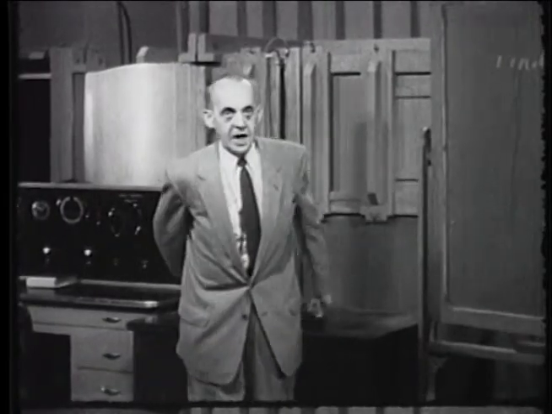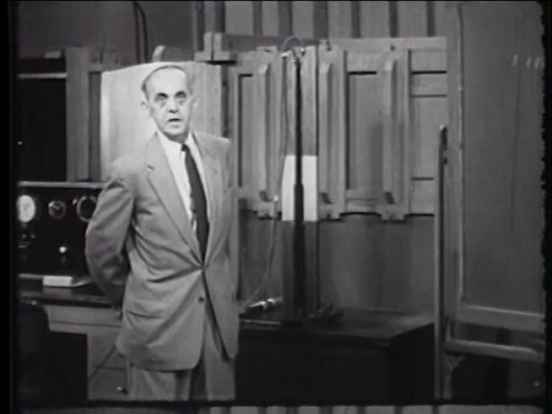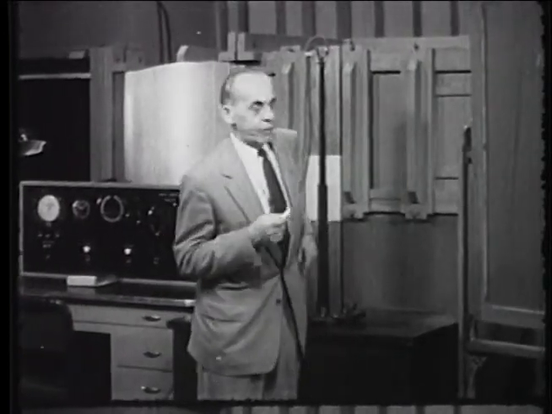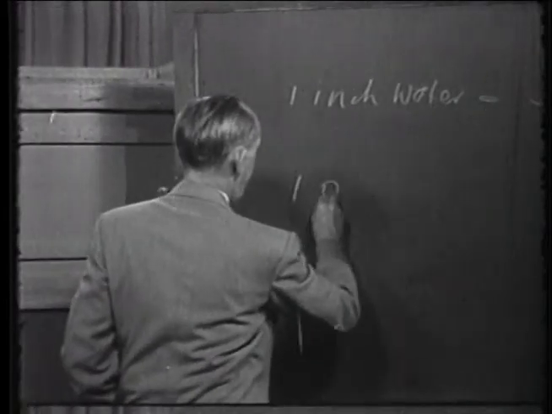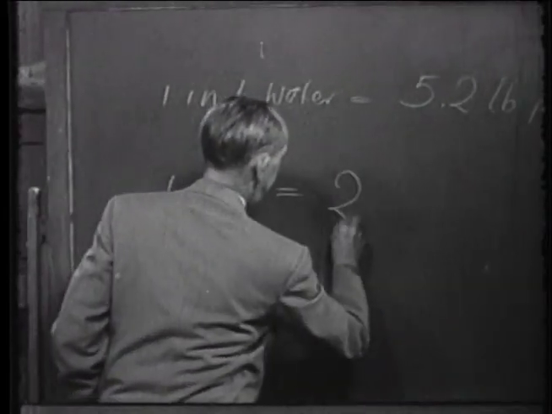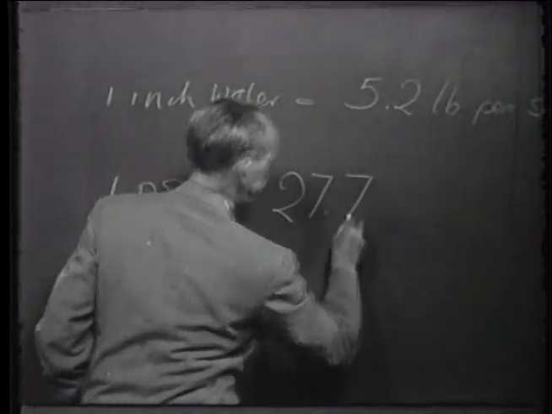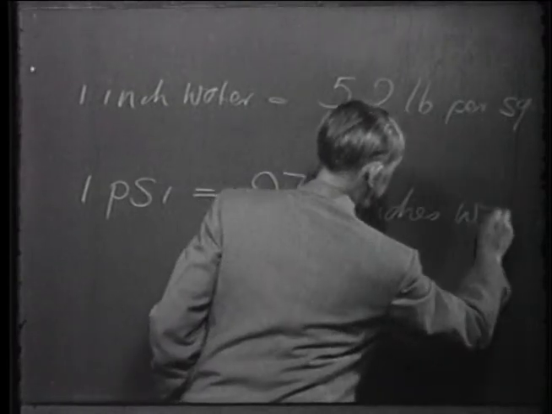And you measure the same PSIs on a pressure tank, which you probably have in your basement for anything. So what is a PSI when we think of inches of water? Then we find out that 1 PSI equals 27.7 inches of water.